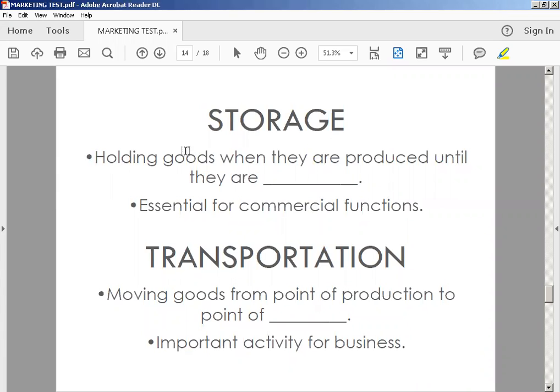Next, holding goods when they are produced until they are dash, essential for commercial functions. Next, we have transportation, moving goods from point of production to the point of dash. This is also your fill in the blanks in the same number.